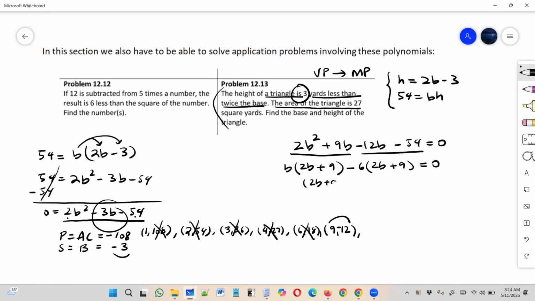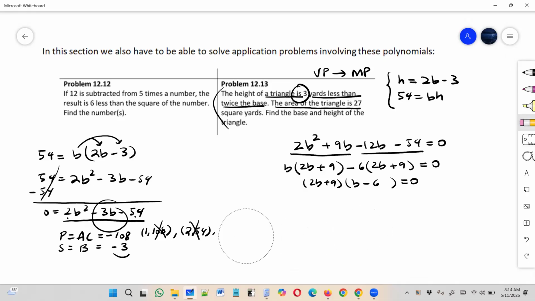Factor that out. In the second parentheses, I get b minus 6. And now by the zero product rule, I get either 2b plus 9 is 0 or b minus 6 is 0.